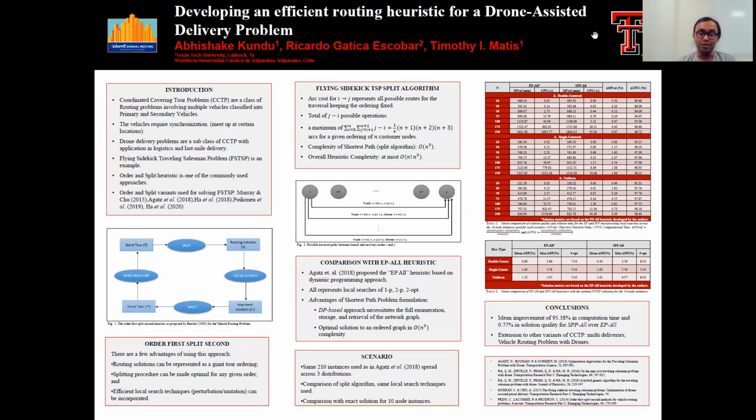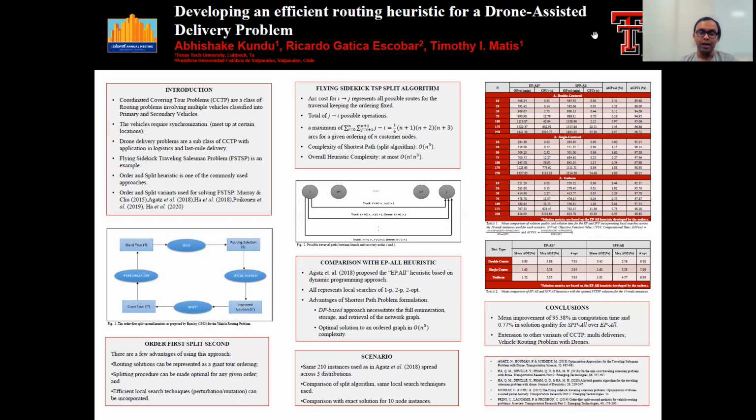There are a few advantages to this approach. Firstly, any routing solution can be represented as a giant tour ordering. Secondly, for any given ordering, the split procedure can be made optimal, even with slight changes to the one proposed by Beasley, for a broader class of VRP-related problems.